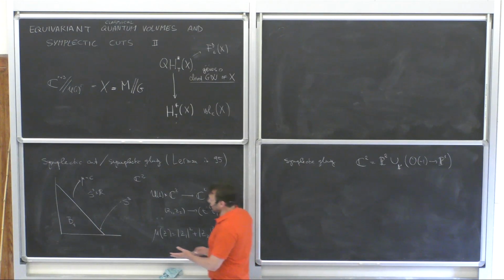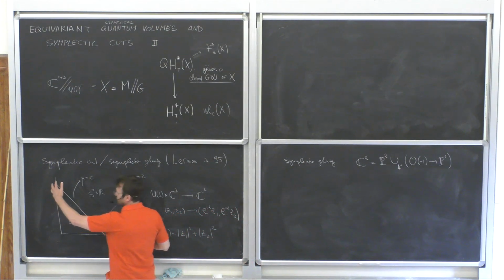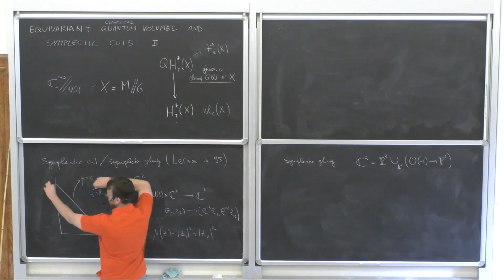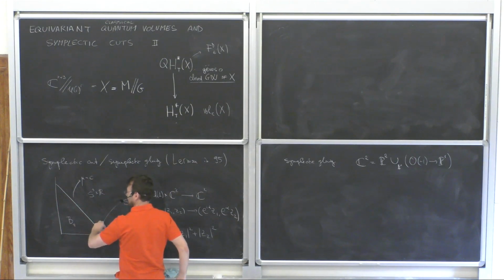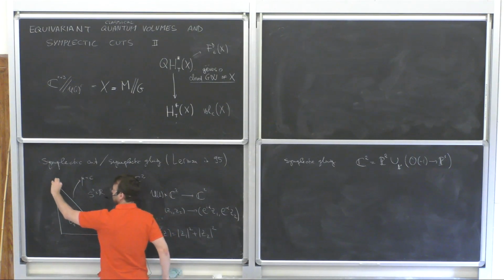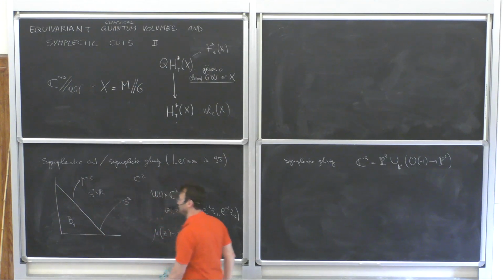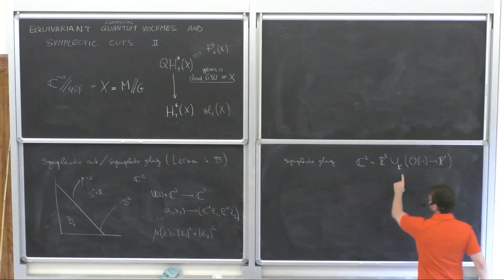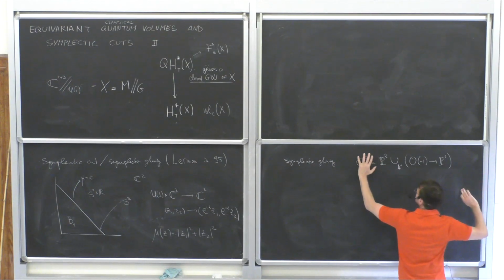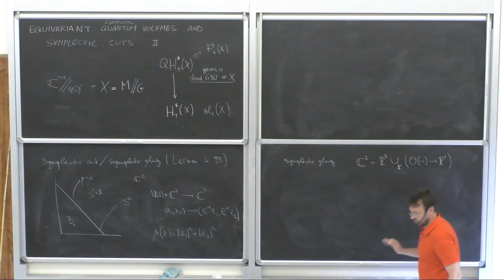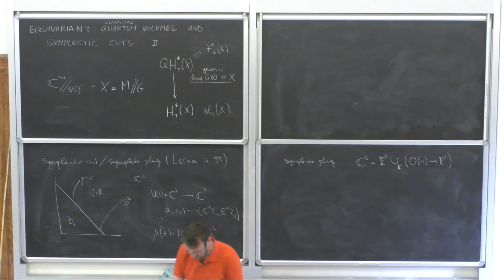Intuitively, I need to take my torus and require that it degenerates along this line. I need to require these degenerations, and then it will give me P1, and then it will give me P2. Of course, if I don't look at C2, this looks like a singular space. I will discuss these issues a bit later.